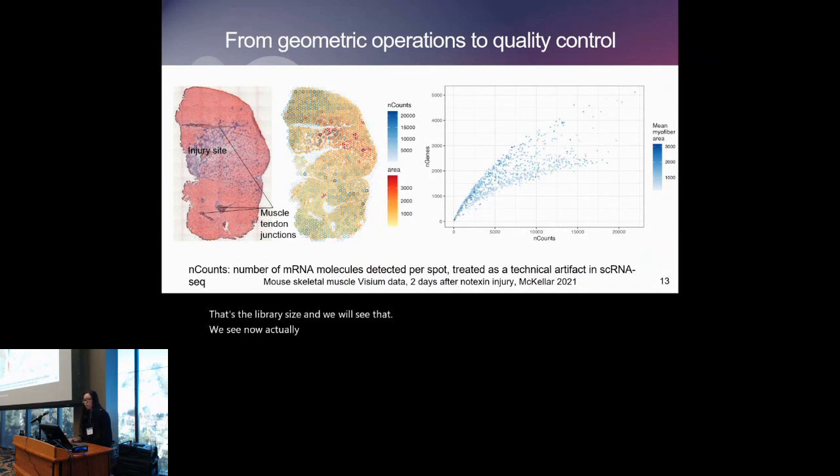With geometric operations, I can find the mean area of the myofibers that intersect each Visium spot, and here we see that there's a correlation between library size and myofiber area, in that larger myofibers tend to have a smaller library size. This means that the library size is actually biologically relevant, and it might be problematic to treat it as a technical artifact, as is commonly done.